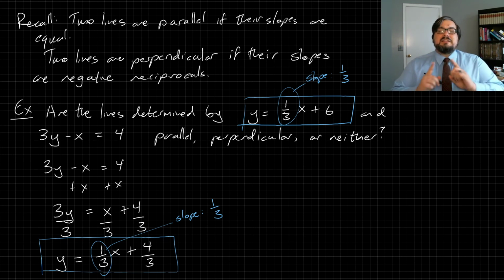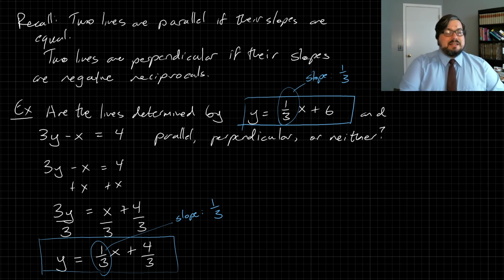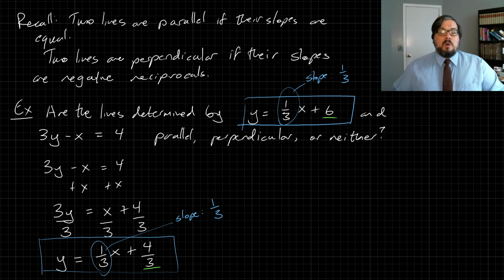Now, we do need to check one thing here, and that's to make sure that we actually have two different lines. The easiest way to check that, if they have the same slope, is to look at their y-intercepts. A line that's not vertical can only have one y-intercept, which means that if you've got two lines with different y-intercepts, they have to be different lines.